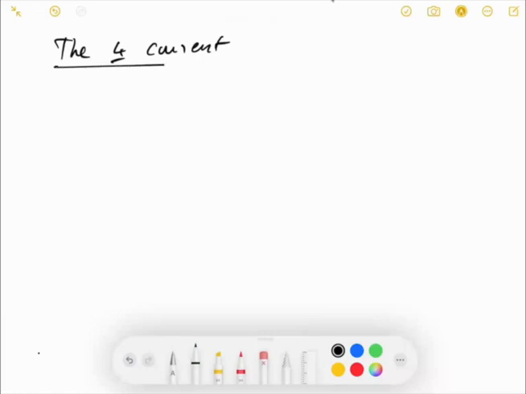So let's say we have some kind of a charged object, rho, and we've got some frame, K, and in the frame K, that's the co-moving frame.